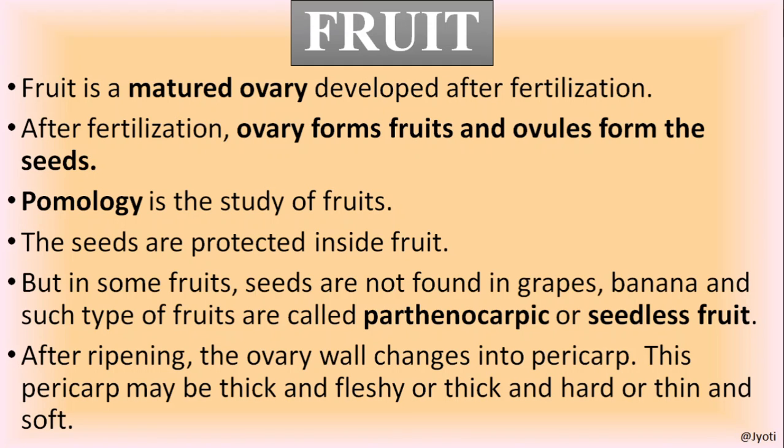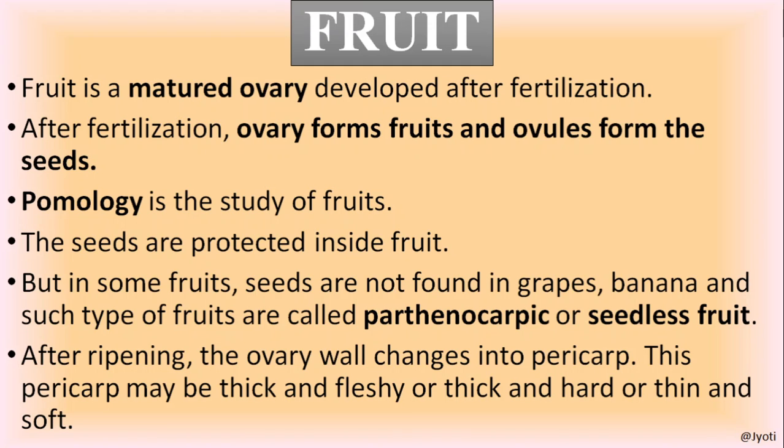You know that in a flower, there are 4 floral whorls, that is calyx, corolla, androecium and gynoecium. Out of these, the androecium and gynoecium are the reproductive parts. Androecium is the male reproductive part, whereas gynoecium is the female reproductive part.